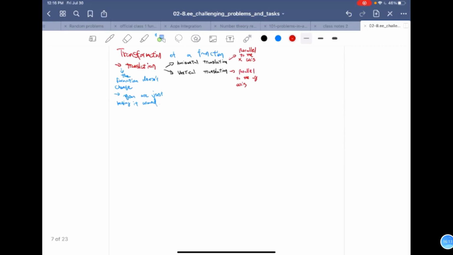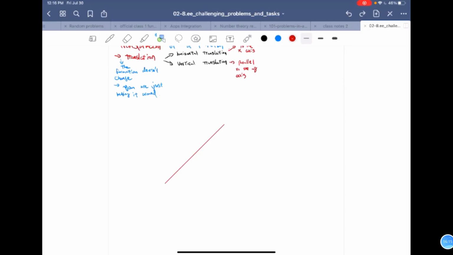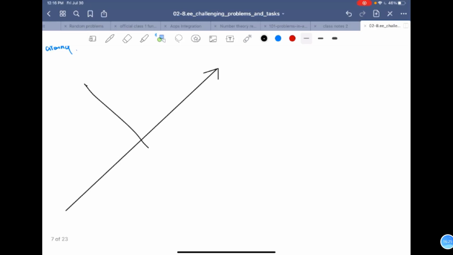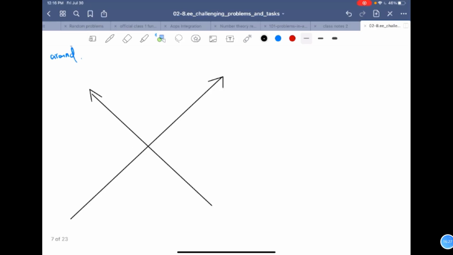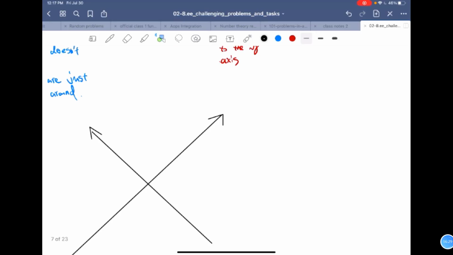Say that's a plane. Then what is defined as a horizontal direction is a line parallel to the x-axis, like here.